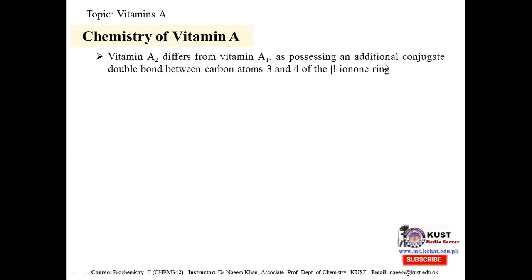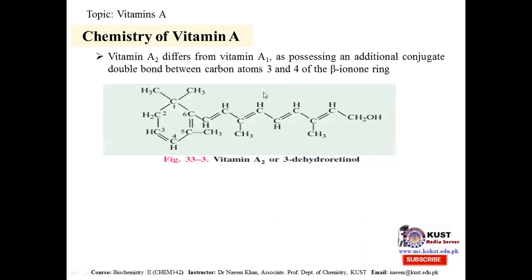Because it possesses an additional conjugated double bond between carbon atoms 3 and 4 of the beta ionone ring. Here, this bond was saturated in A1, but in A2 it has this double bond. Because of this double bond, vitamin A2 is different from vitamin A1.